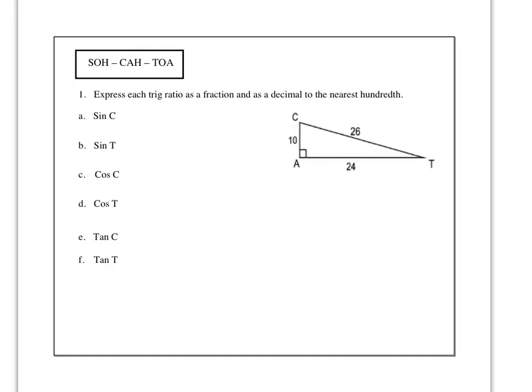So to start out, I want to remind you about sine, cosine, and tangent. Remember how sine is opposite over hypotenuse? Cosine is adjacent over hypotenuse, and tangent is opposite over adjacent. Well, that's kind of hard to remember. So somebody came up with a little mnemonic device, a little way to memorize, and it's called SOHCAHTOA.